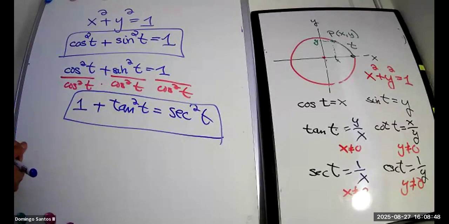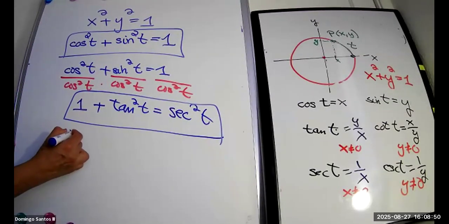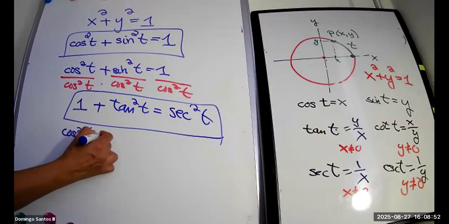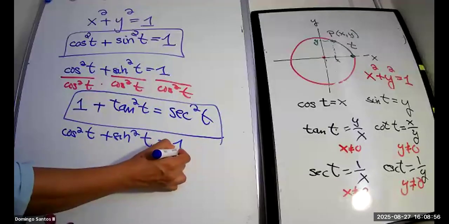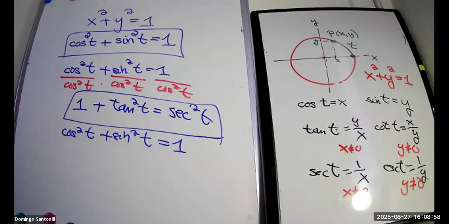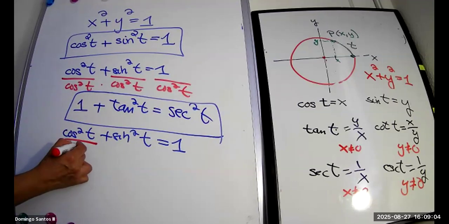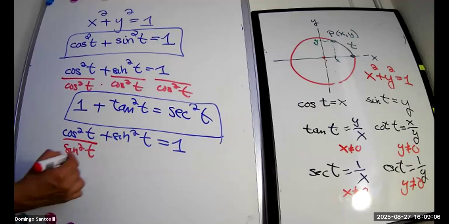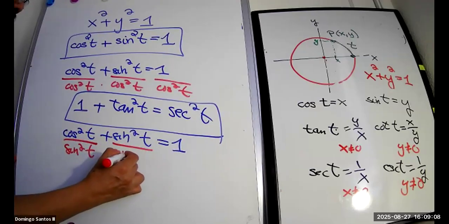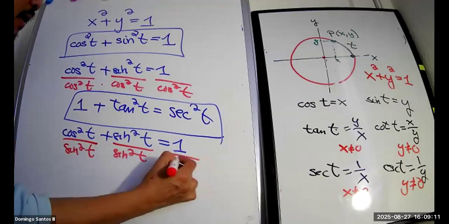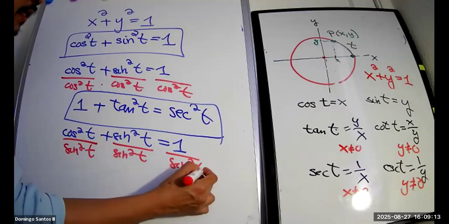Now let's go back again. Cosine squared t plus sine squared t equals 1 from that one. Then, instead of dividing by cosine squared, let's divide everything by sine squared t.